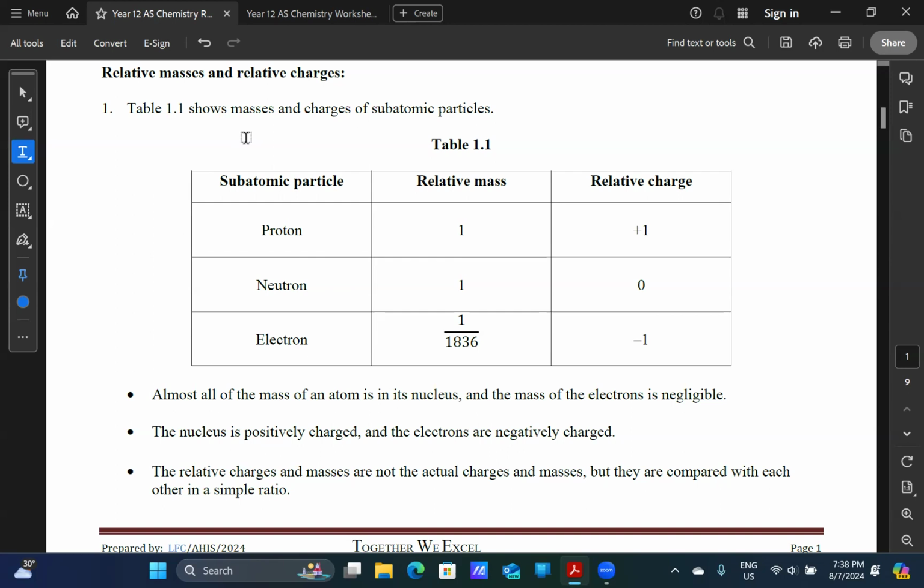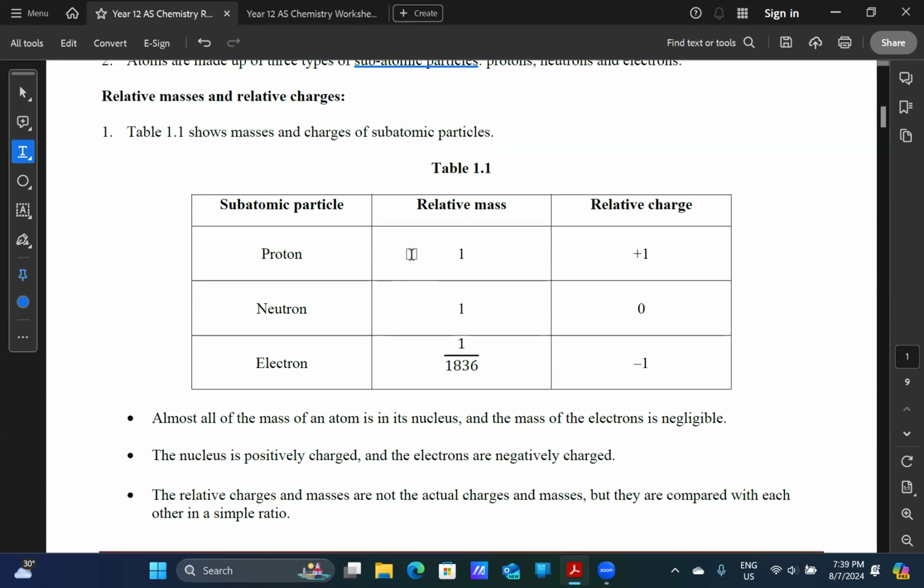Sorry, it's too small. That's why for the ease of communication, we will compare their masses and also the charges among themselves.